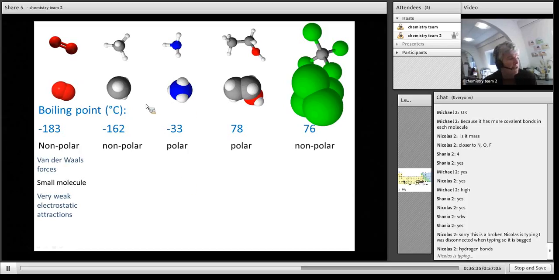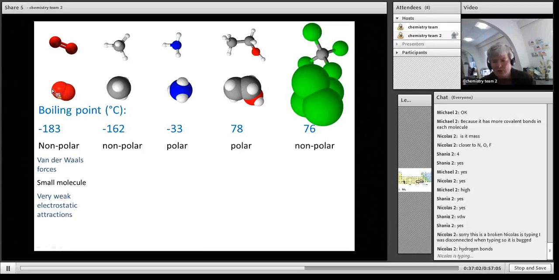Okay, and these are non-polar, and let's just go quickly through it now. What are the types of intermolecular forces in oxygen? Only van der Waals, because it can't form hydrogen bonds. There's no hydrogen attached to that oxygen, so we can't do it. Okay, and it's a very small molecule, and it's only weak electrostatic forces between the oxygen.